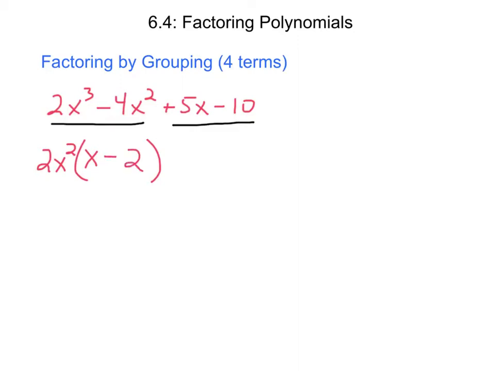Now here's the key thing. Whatever you end up with inside parentheses in this first case here, you want to duplicate that set of parentheses over here on the right hand side, but leave yourself a little blank space before that second set of parentheses. And you then want to figure out what number you would need to multiply right here in front of that second set of parentheses, so that after you did the distributive property, it would come out to be positive 5x minus 10, the expression you have up here above.